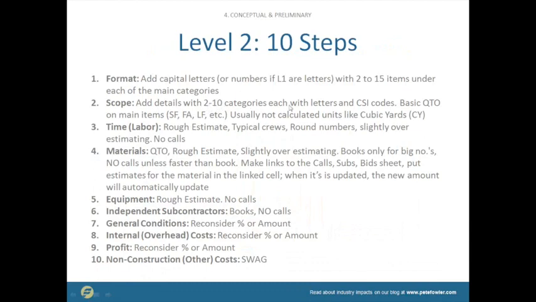On the estimate summary page, we might have had windows, and we might have said, I don't know, windows on this project are going to cost $100,000. But now at level 2 and 3, we're going to break that down. We're going to say, okay, wait a minute. On the front elevation, I've got 8 windows and a front door and a 2-car garage door.